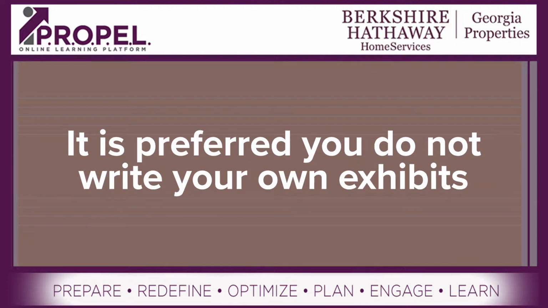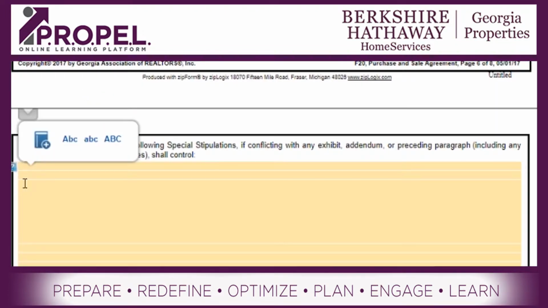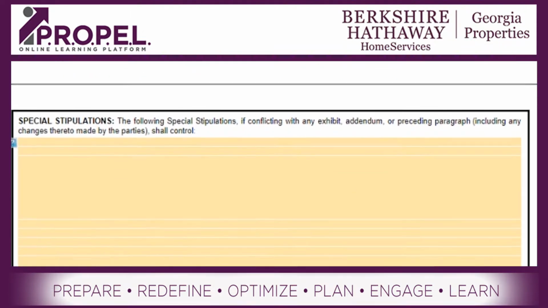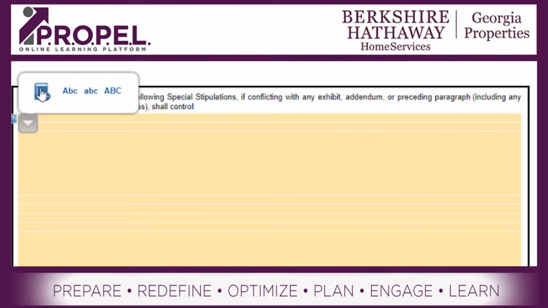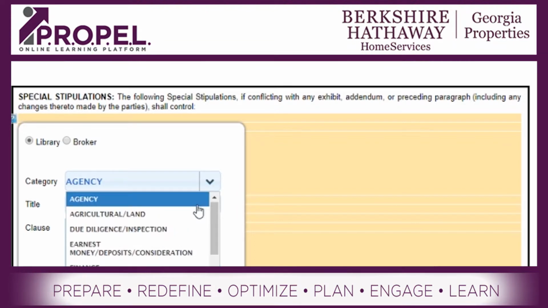You do have a pre-selected set of special stipulations that are available to you, and you can click on the box there to add those, as we're doing here, and you can choose which ones you would like to add.